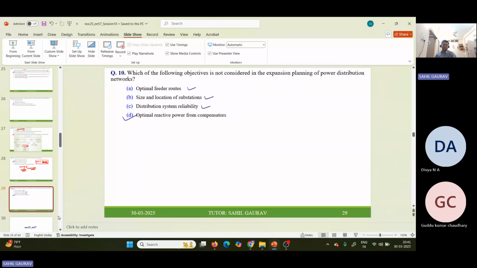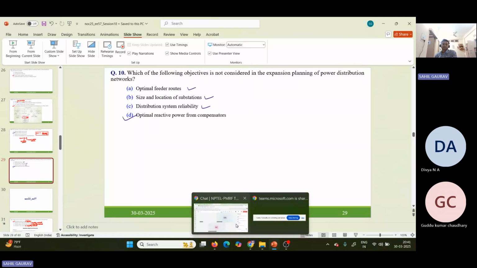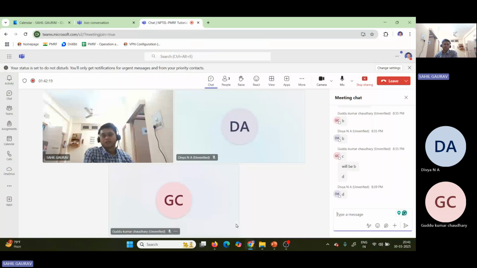What is the major thing by which we can differentiate the power distribution planning optimization problem and the power distribution reconfiguration problem? Dev or Guddu, either of you can answer.